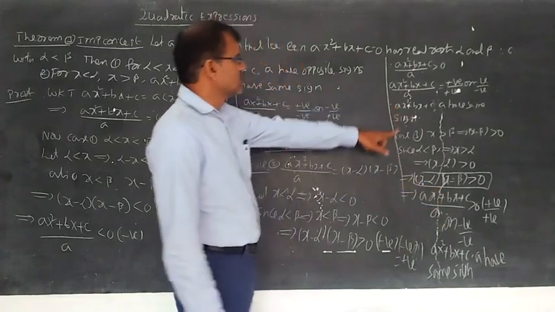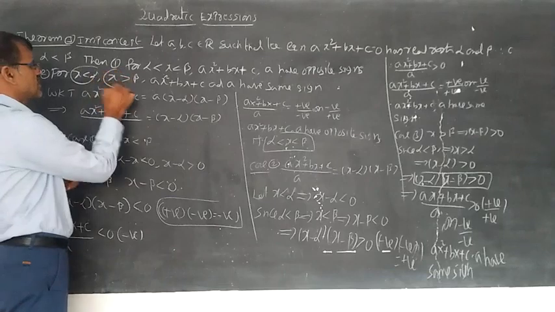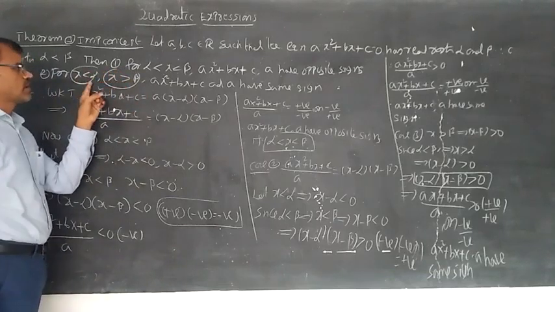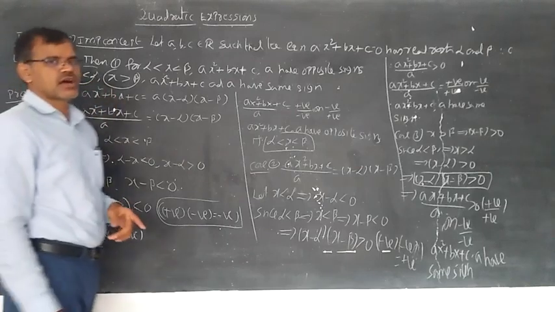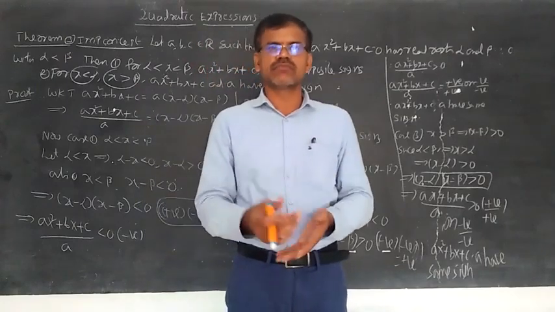That only indicates x less than alpha and x greater than beta, meaning there is no x value between alpha and beta. Whatever the value lesser than alpha, there the x value exists, and whatever the value greater than beta, there the x value exists.